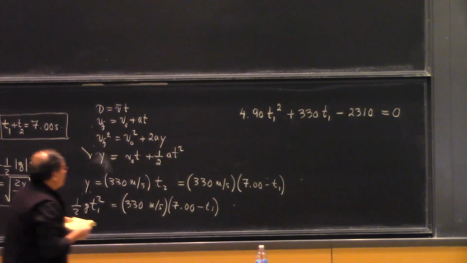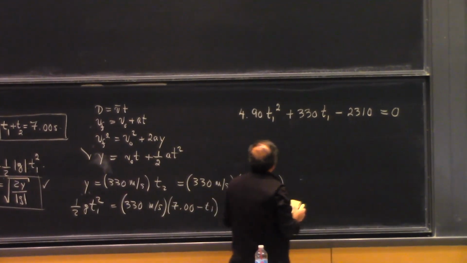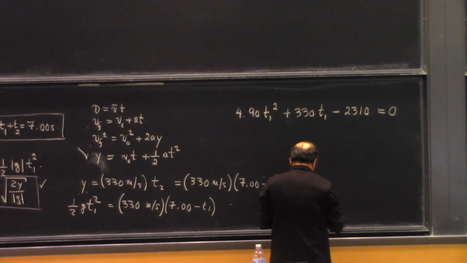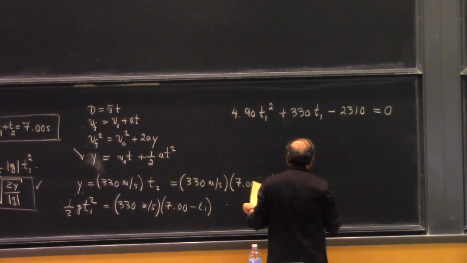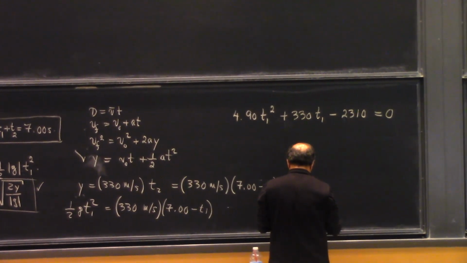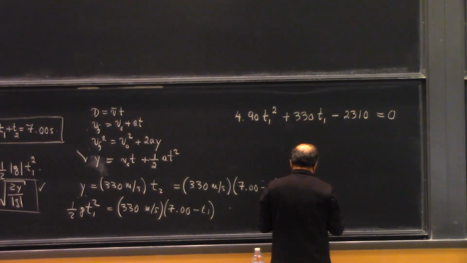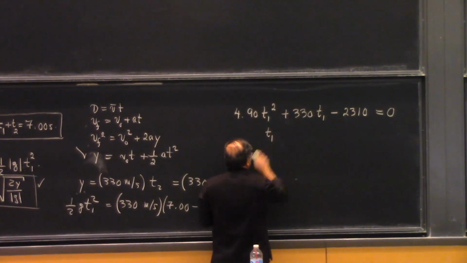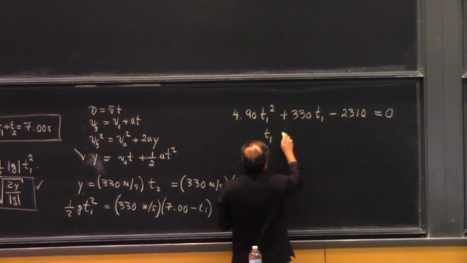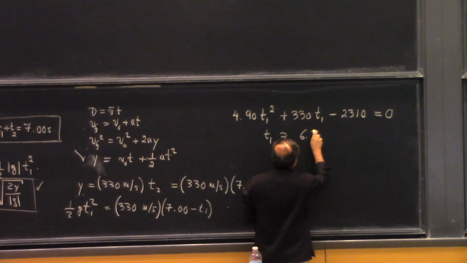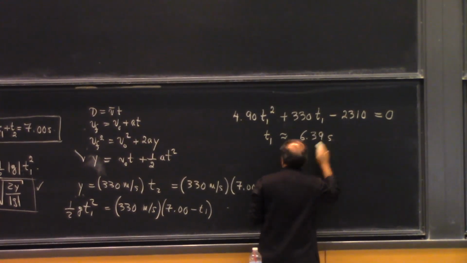Okay. So clearly you should get two answers for t, and there's only one answer that's fully positive, and that answer, which I worked out without a calculator, is 6.39 seconds.